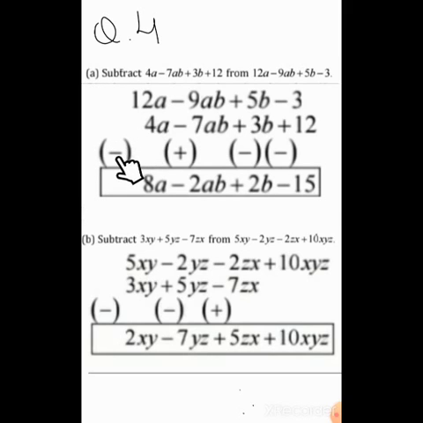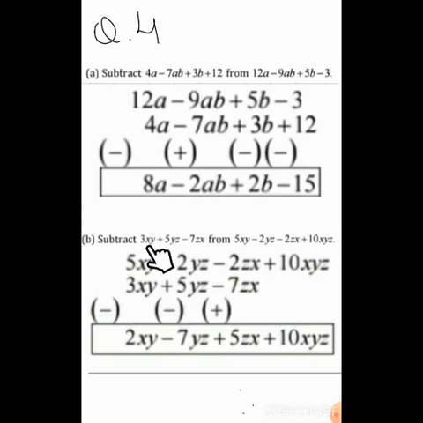Minus, so the sign will be changed. Now minus 3 minus 12 is minus 15. Plus 5 minus 3 means plus 2b. Why plus 2b? Because 5 is greater than 3 and 5 has a plus sign, so we put plus 2b. Minus 9 plus 7 is minus 2ab. Plus 12 minus 4 means plus 8a.